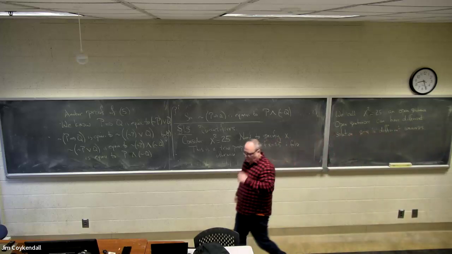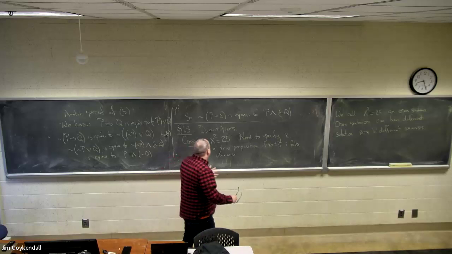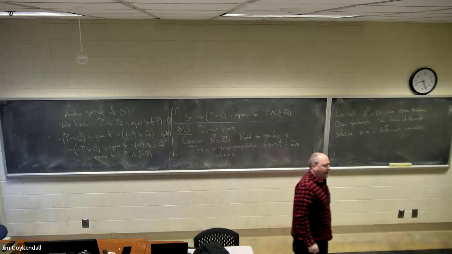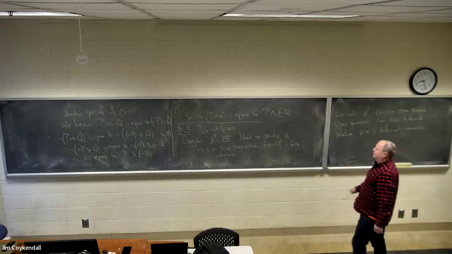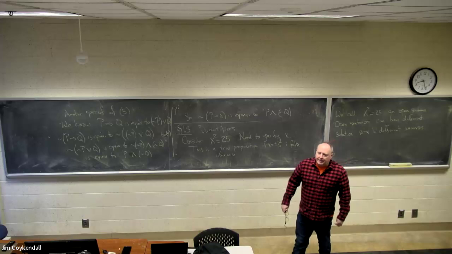Let me tell you what I mean by that. So when I write this equation here, I'm playing a little bit fast and loose, right? What do I really need? What universe does that come from? By universe, I might mean the set of all possible values of x. Now I said here that this is a true proposition if x equals ±5, false otherwise.